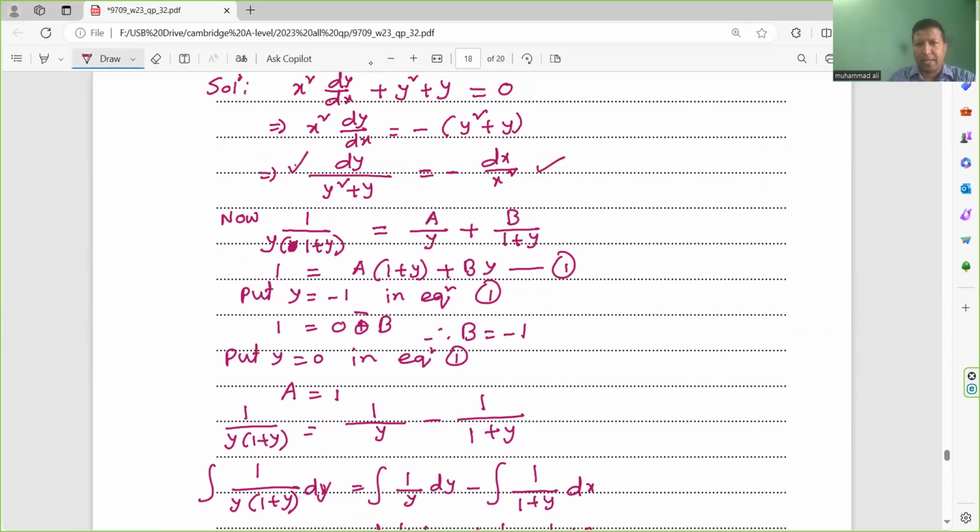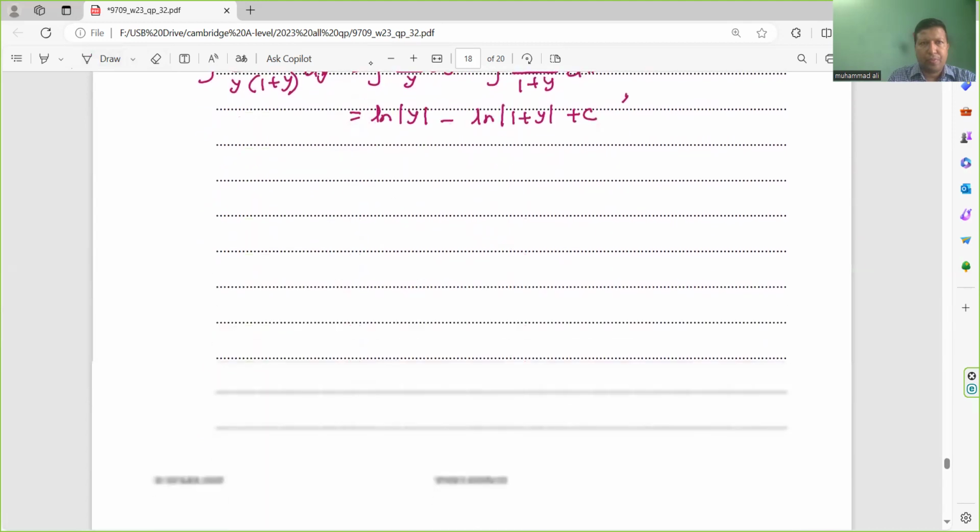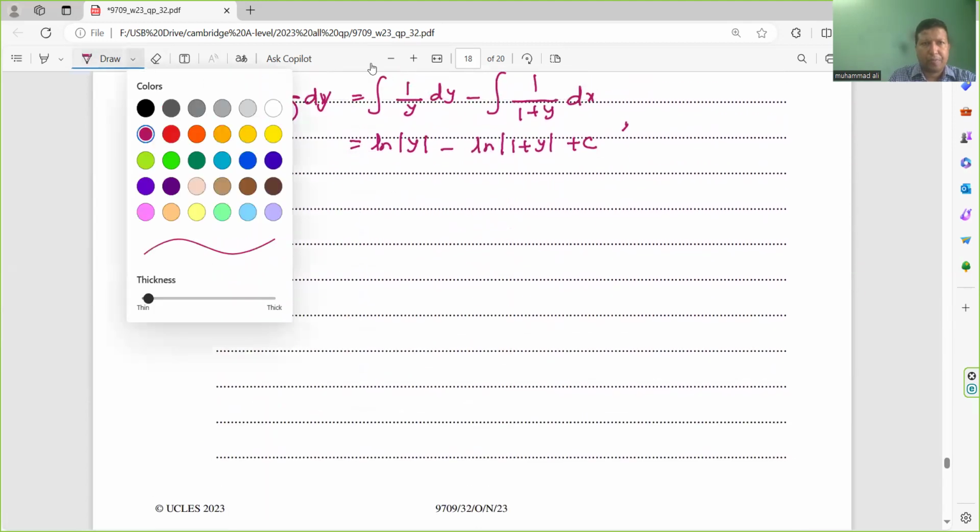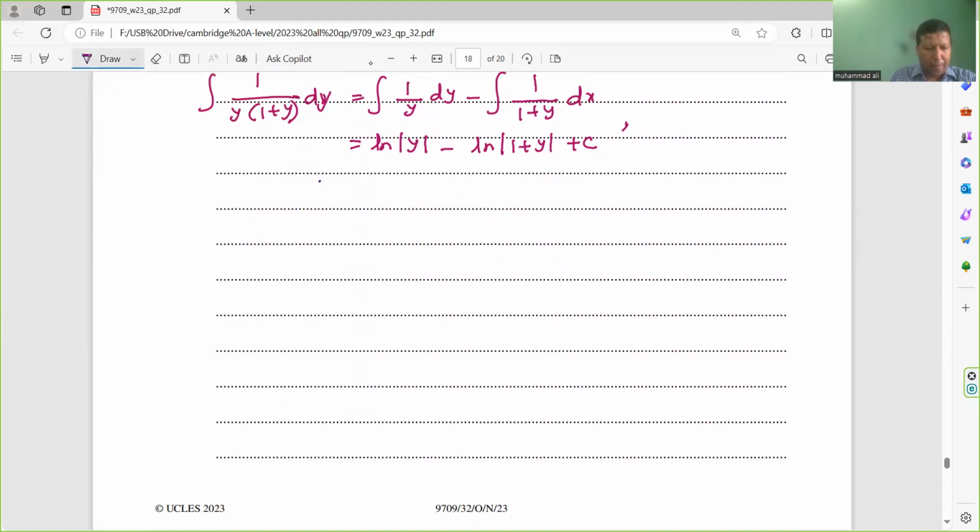So these things will compare with this part, because this result we get here. So integration 1 by (y squared plus y) dy equals to minus x to the power minus 2 dx. 1 by x squared we write as x to the power minus 2. This part result is here.